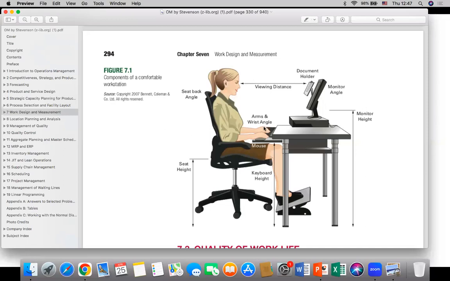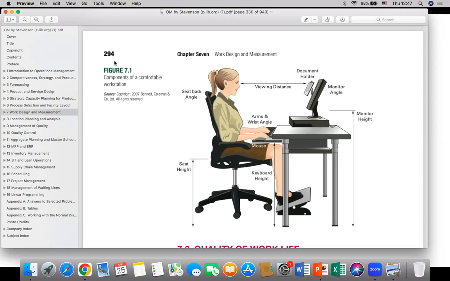Arms and wrist angle, how you will put your arms. Viewing distance, what is the distance between the computer and your eye? Document holder distance, that is also distance. Monitor angle, whether it will be straight or at an angle.